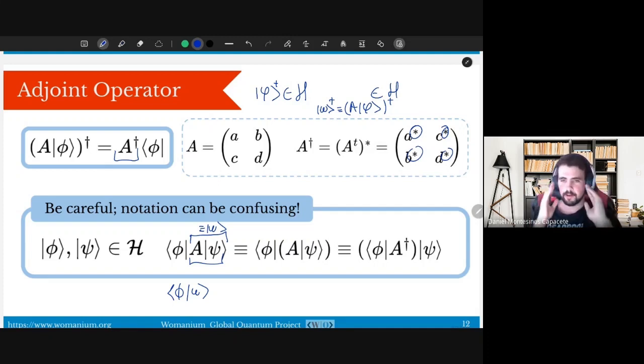So be careful here because the notation is quite confusing sometimes. So if we write this, you may wonder, all right, this operator is acting on this guy or this guy, right? What are we acting on?